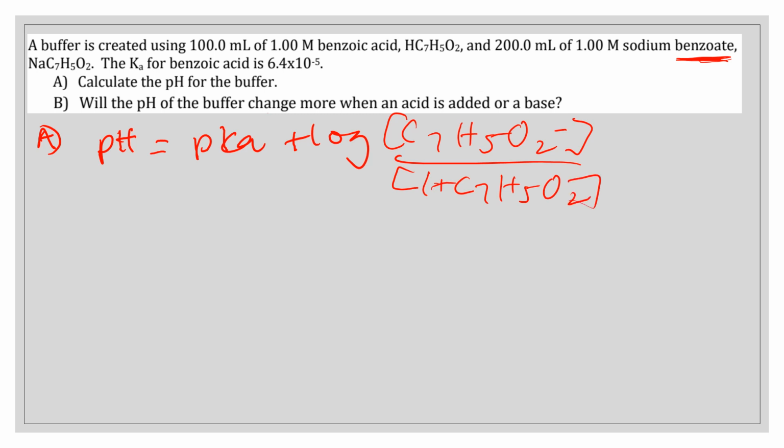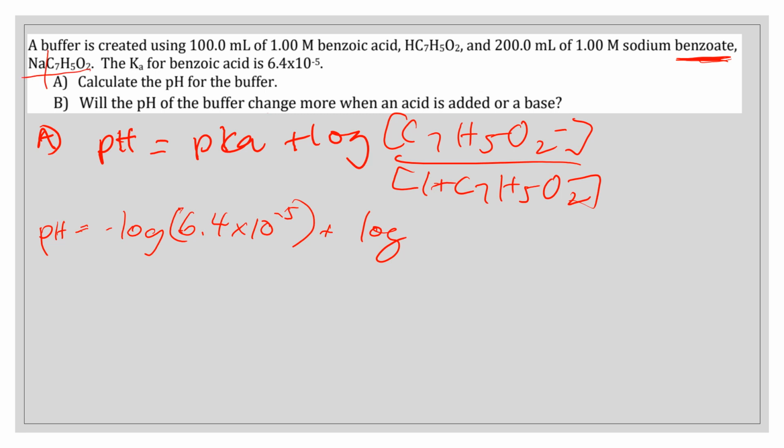So we have our Ka, so it's good. So to get the pKa, pH equals the negative log of the Ka plus the log of, what are we going to do about this? So we have our sodium benzoate. They give it to us here, again, in a 1-to-1 ratio.